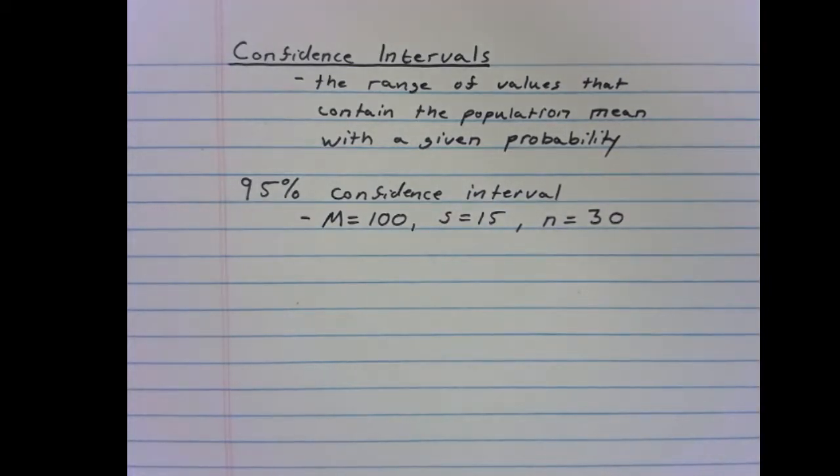Now, another piece of information we're going to need ahead of time is an alpha level. This is because in a minute we're going to have to find t-crit, and we're going to need an alpha level for that. So, where do we find that alpha level? Essentially, we've already found it. If we're using a 95% confidence interval, we're using an alpha level of 0.05.